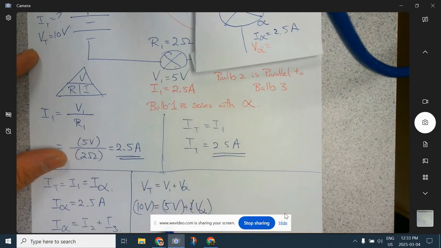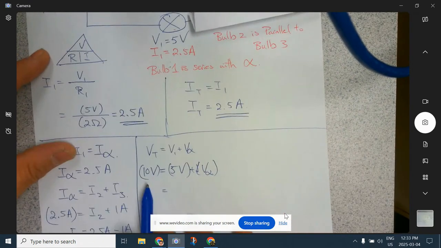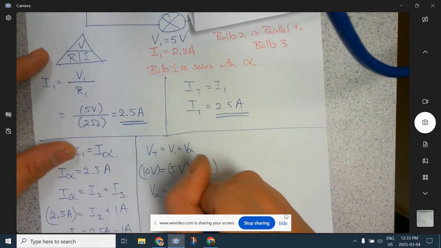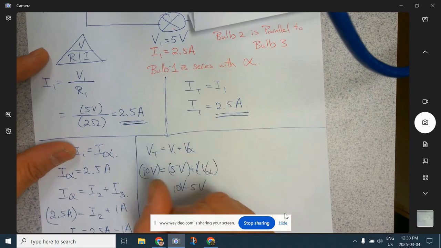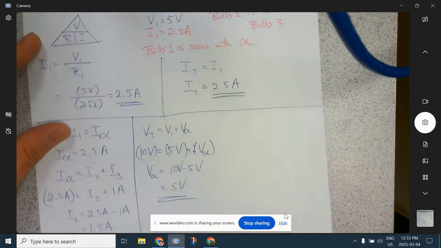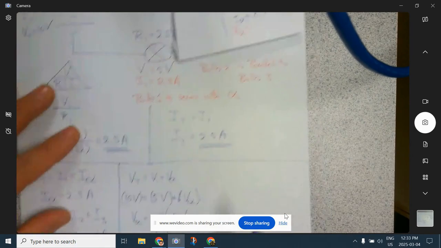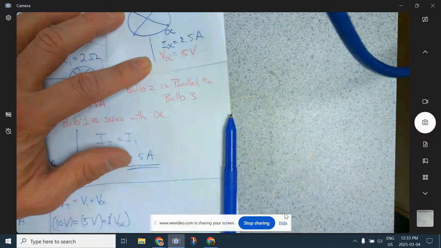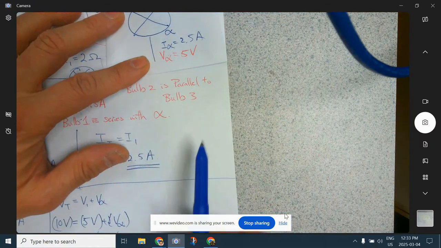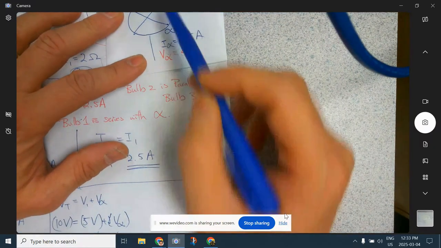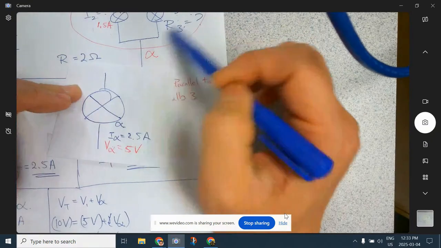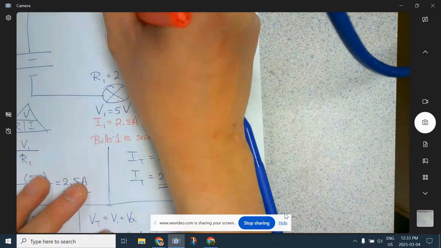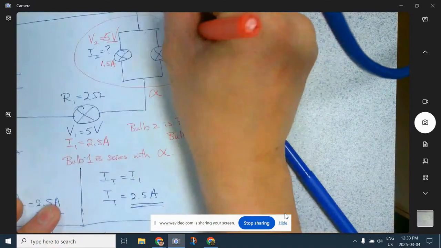In this case, 5 plus V alpha gives you 10 volts. So V alpha would be 10 minus 5 volts, which gives you 5 volts. So it means this guy here would be 5 volts. Now again, this whole thing together equals 5 volts, which means this is also 5 volts. This is also 5 volts here.